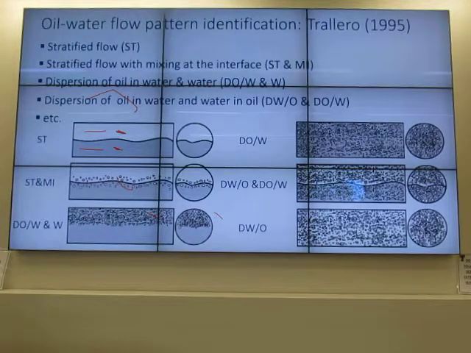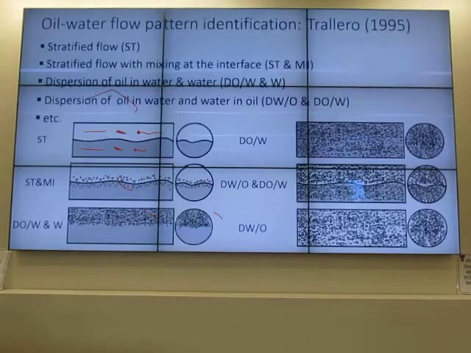Actual velocity. So when we have stratified flow, we drop some tracer, or some ink over here and ink over there. Which one should flow faster, top or bottom?